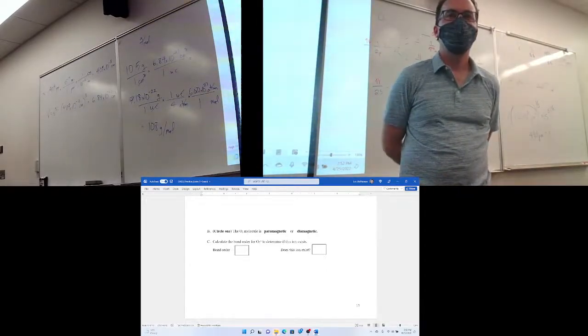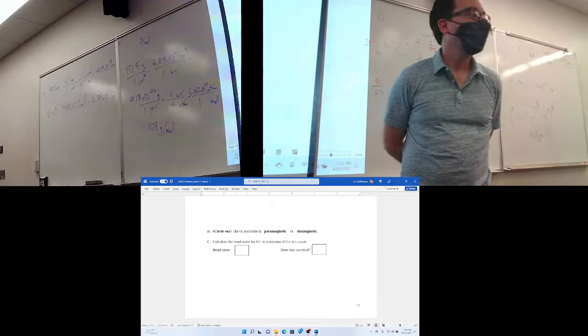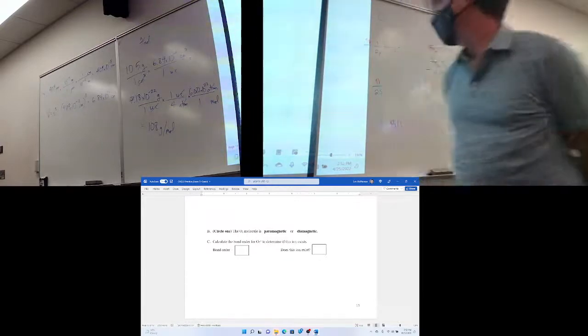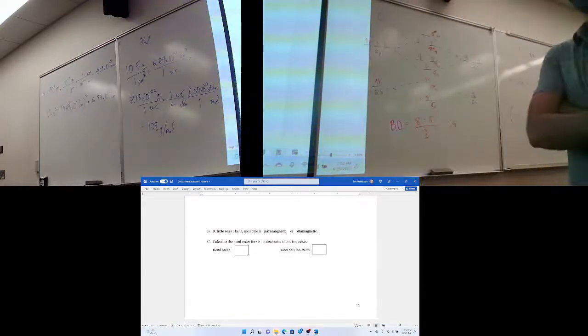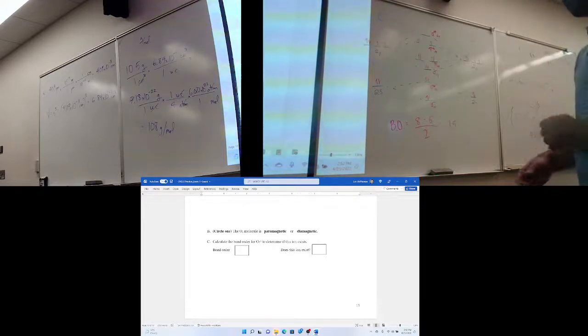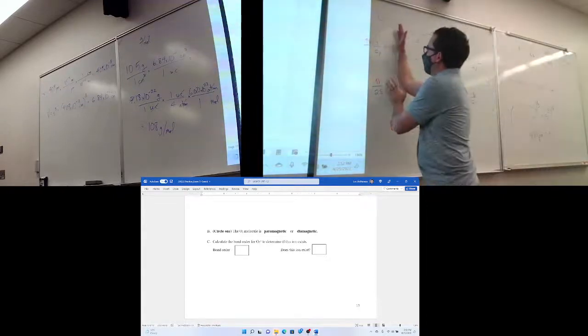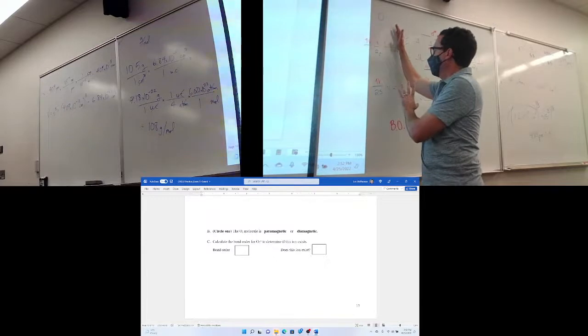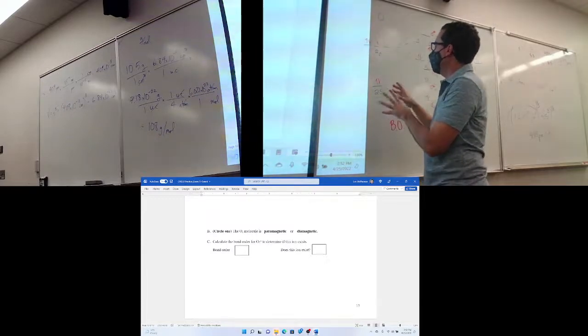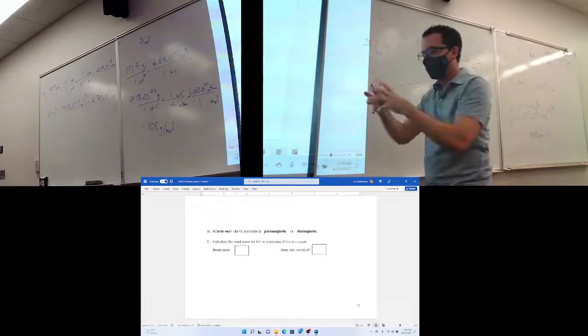I'm having a lot of trouble understanding the MO diagram stuff and the antibonding stuff. Do the original atomic orbitals make sense? Okay. The idea is this orbital has a certain shape.